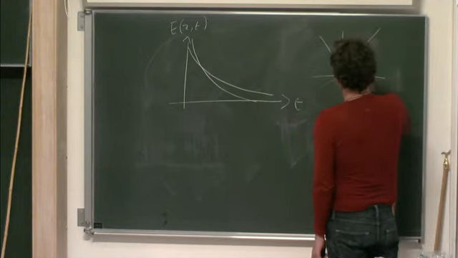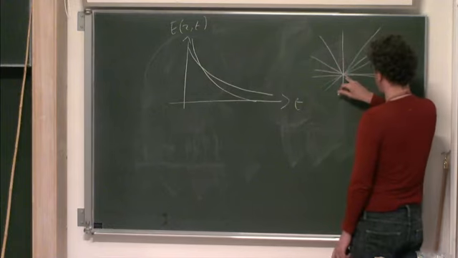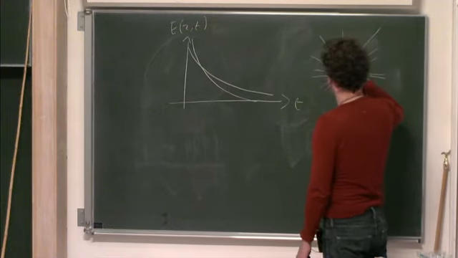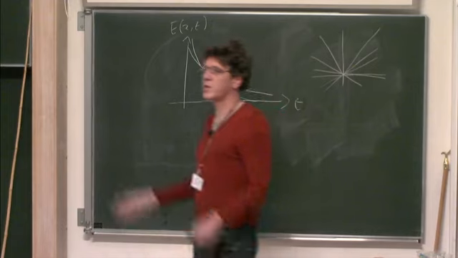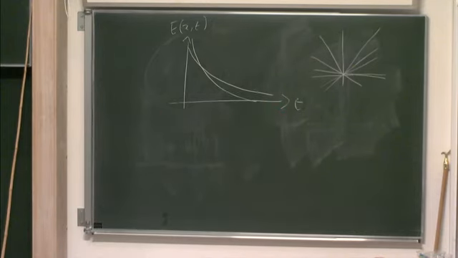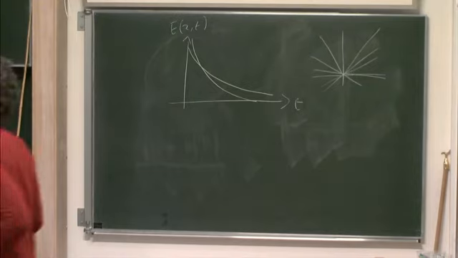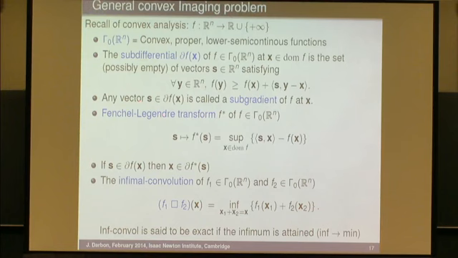At 0, it will be any linear form that supports the function at this point. If you are differentiable, then the subdifferential has only one element, the gradient. So it's all possible generalized gradients that you could consider. If you give me a vector of the subdifferential, this is what we call a subgradient.